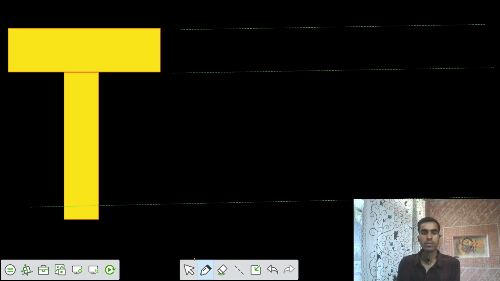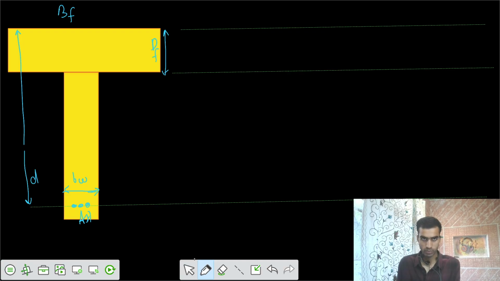Let's say this is some steel here, AST, and we have this small effective depth of small d. We have some effective flange width of BF, and we have the width of web also, BW, and there is some DF also, the thickness of flange. So this is the actual case B.